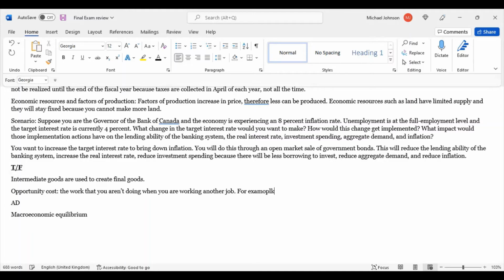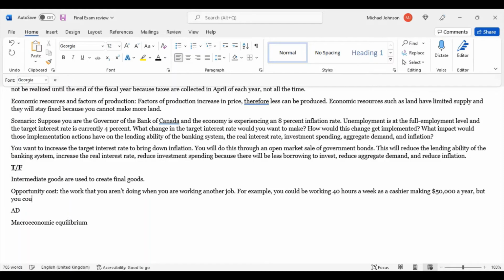For example, you could be working 40 hours a week as a cashier making, let's say, $50,000 a year, but you could instead be working 40 hours a week as a real estate agent, making $500,000.